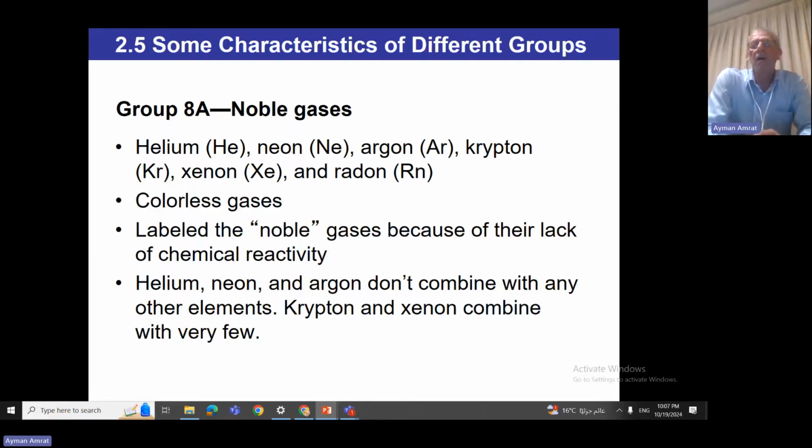They are rarely reactive because their outermost shell is filled with electrons. There is no motive force for reaction. Helium, neon, and argon do not combine with other elements, lighter atoms, while krypton and xenon, heavier, combine with very few.